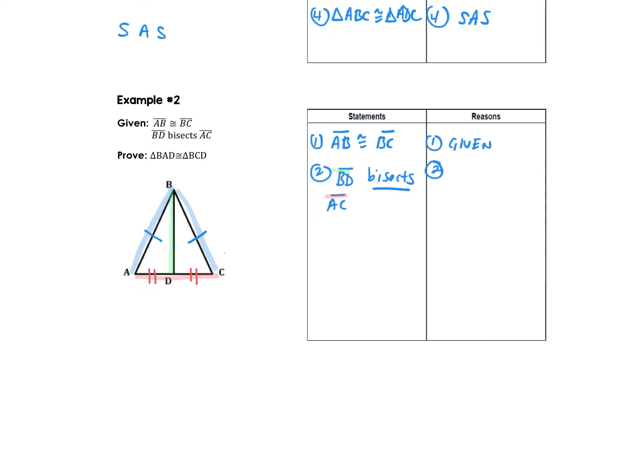Okay, so first, let me put in here that this line is given information. This is right here in our given information. And then what we take away from that, by using that keyword bisect, is that we end up with line segment AD congruent to line segment DC. And that's by definition of a segment bisector.